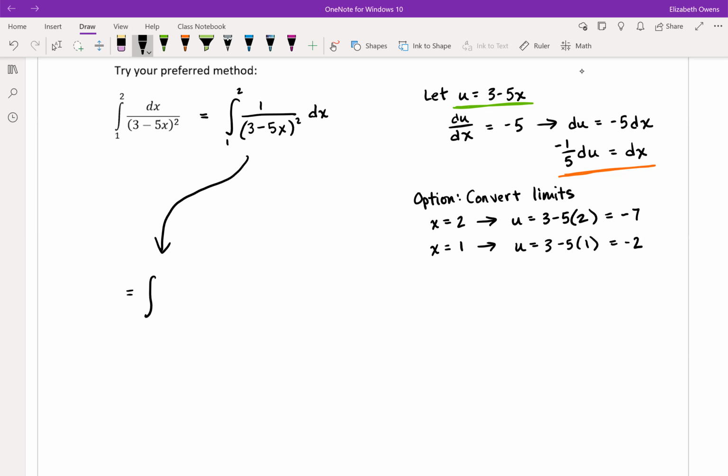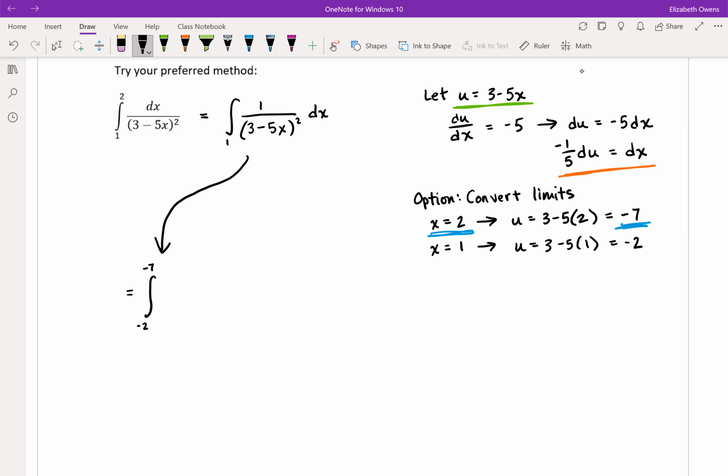So in doing that, I think I have converted everything in the integral here. Now in terms of u, this is going to be the integral from negative 2 to negative 7. Make sure you keep those limits of integration in the same location that they originally were. x equals 2 was the upper limit of integration, so u equals negative 7 should still be the upper limit, even though negative 7 is less than negative 2. It should still be in that upper position.